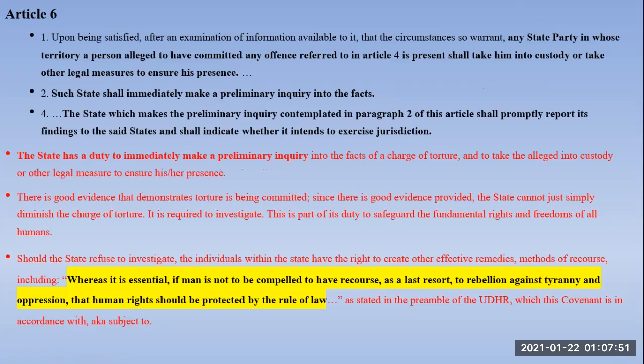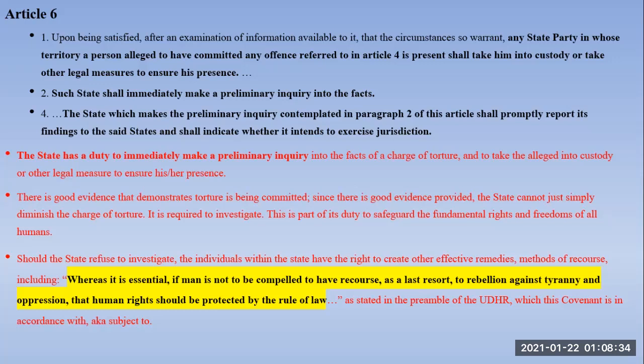So if there is an act of torture or cruel, degrading, inhumane treatment, any state party, their agency of enforcement should take that person who is alleged into custody or take other legal measures to ensure his presence. And such state shall immediately make a preliminary inquiry into the facts. The state which makes the preliminary inquiry shall promptly report its findings to the said states and shall indicate whether it intends to exercise jurisdiction.